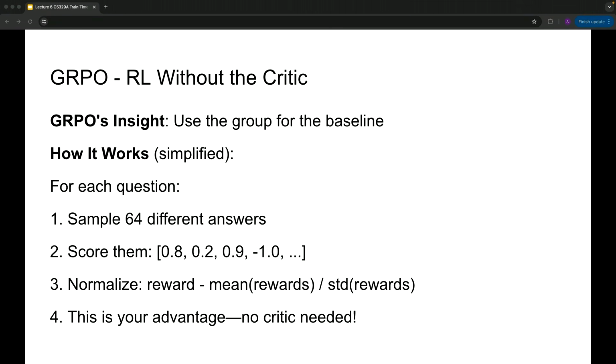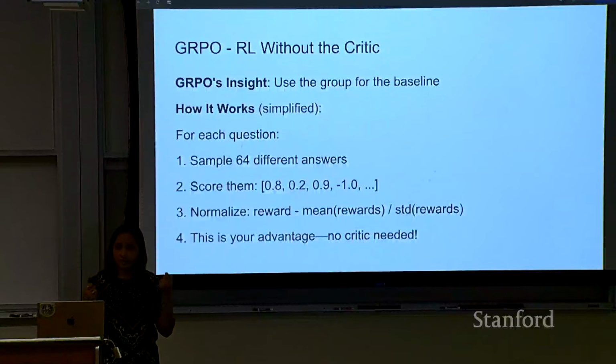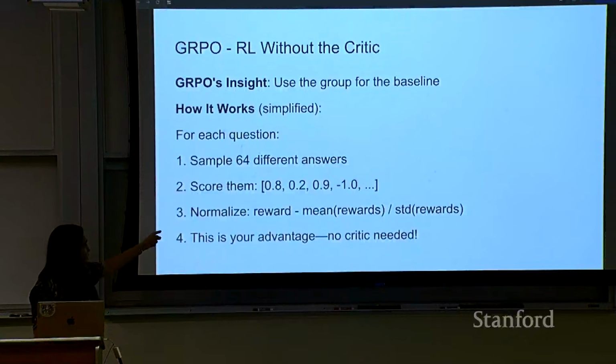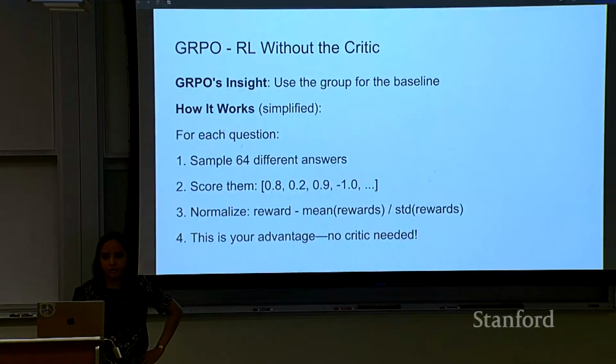So this is the score that you gave for each of the answers using the reward model, and then you normalize the reward as reward minus mean of rewards divided by standard deviation, and then this becomes your advantage, basically. So typically, if you look at the way DPO or all of those techniques work, you're basically going to compare the rewards. So by doing reward minus mean of rewards divided by standard deviation, you're effectively providing a comparative technique across rewards.